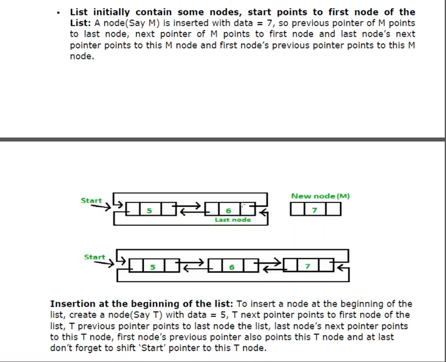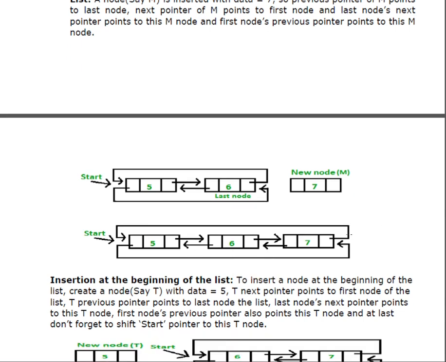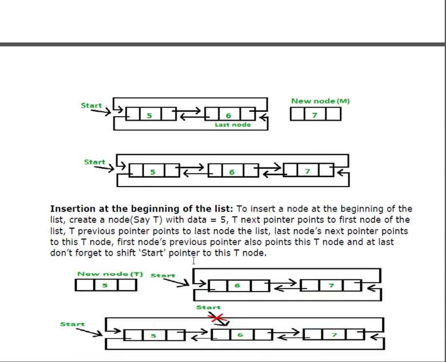You can see, this last pointer part will be cancelled from here to here, and it will start connecting from here to here. Now this insertion process is done. So this is the insertion process for the doubly circular linked list.